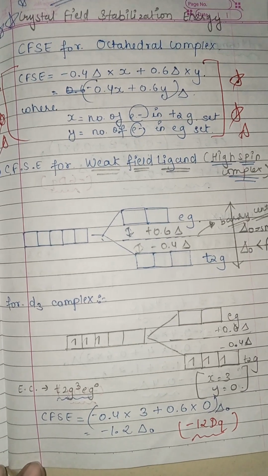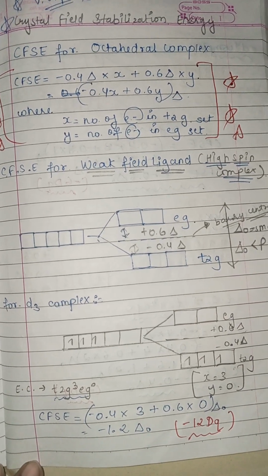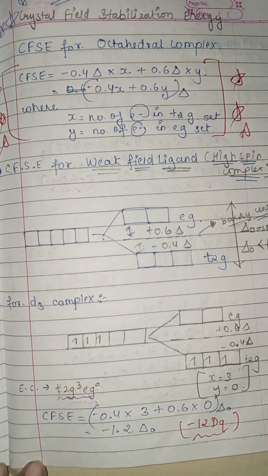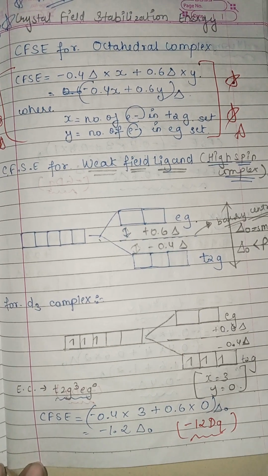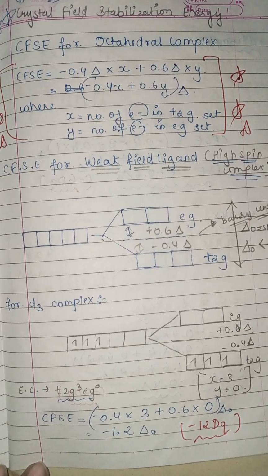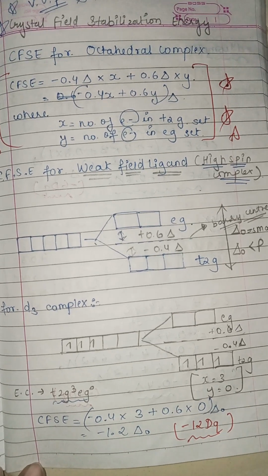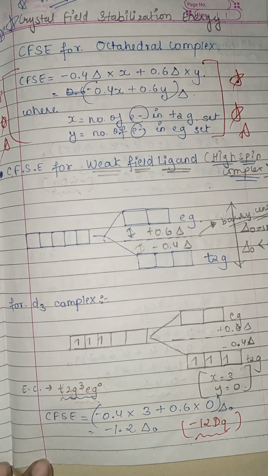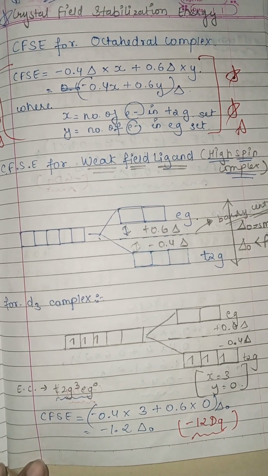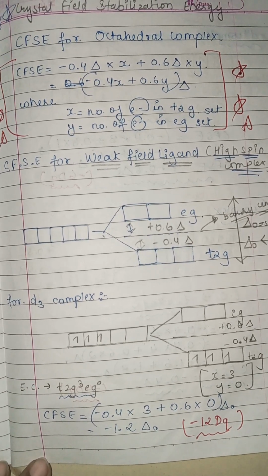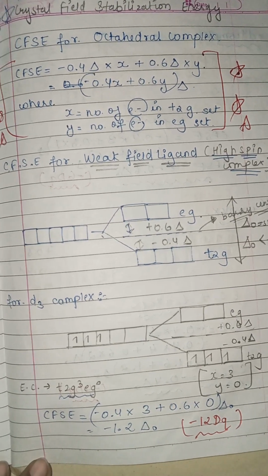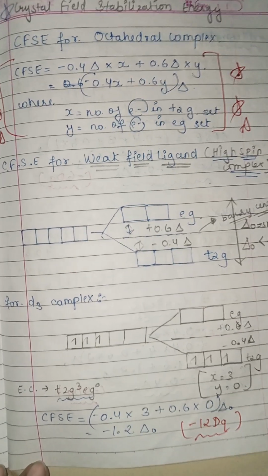The crystal field stabilization energy we can calculate as minus 0.4 into 3 plus 0.6 into 0, times delta O, where delta O means delta for octahedral, which is equal to minus 1.2 delta O. We can write it in terms of dq as minus 12 dq, as minus 4 into 3 plus 6 into 0 gives minus 12 dq.